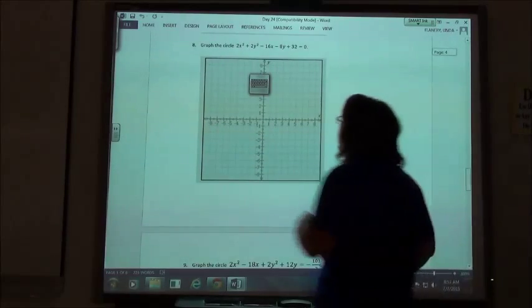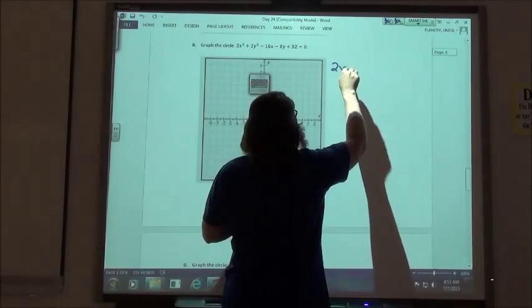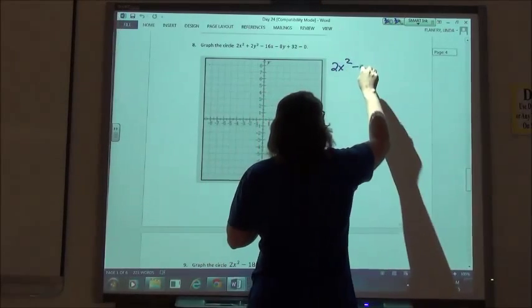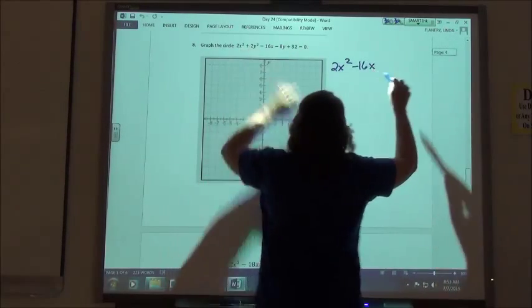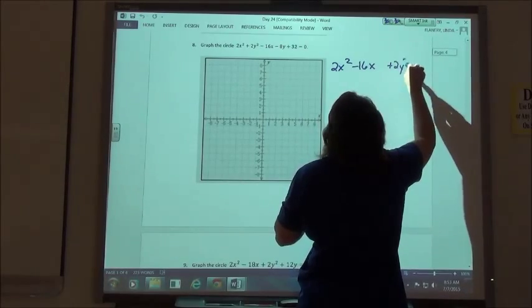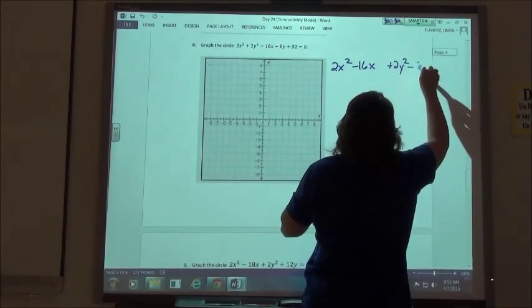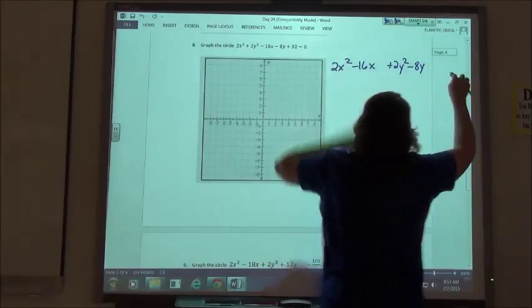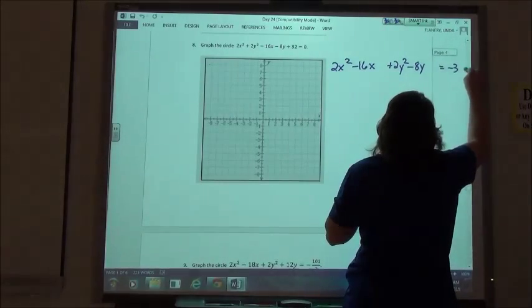So number 8, we've got 2x squared minus 16x plus 2y squared minus 8y, and then I'm going to move my 32 to the other side, so minus 32.